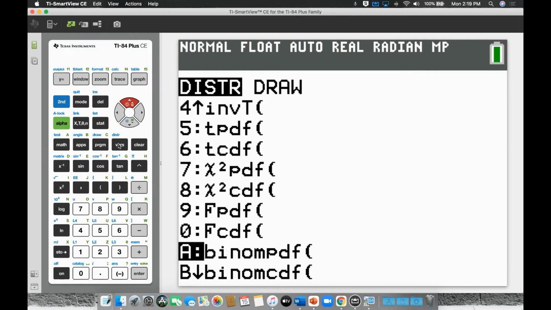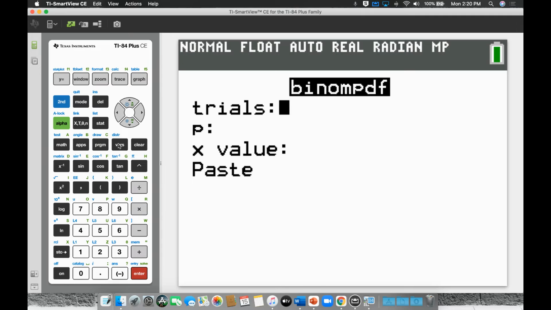You're going to hit enter. Does anyone's not give you this one? Okay, so the rest of you, this is what it shows. Hang tight if you don't have this.